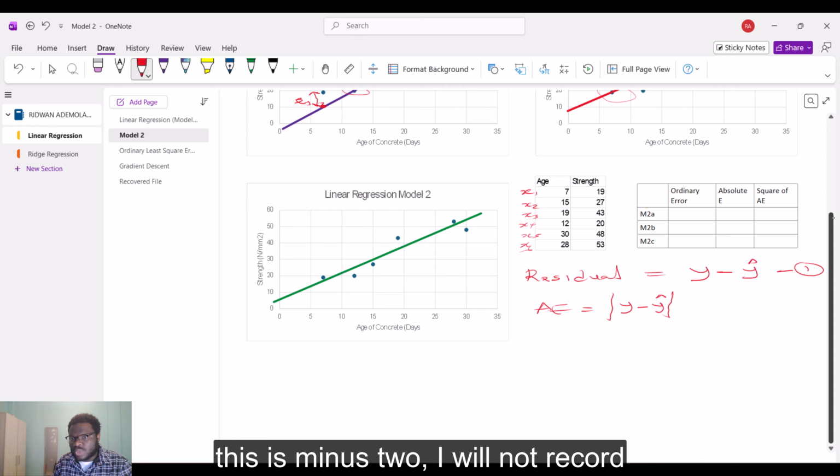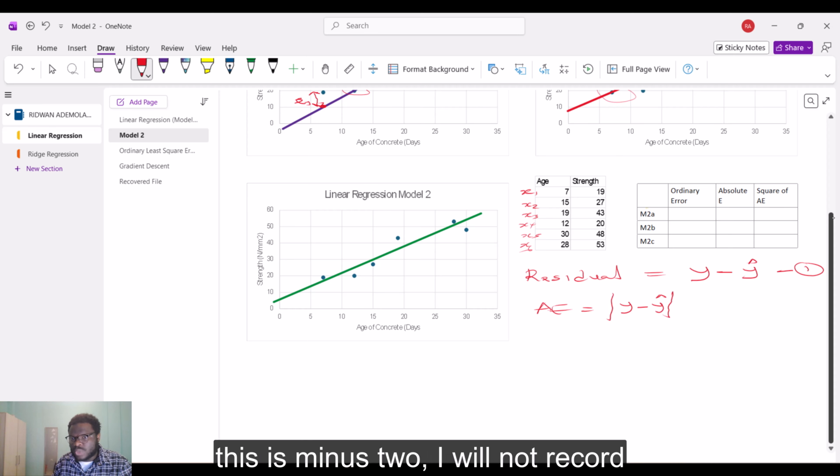There is no error here. There's no error here. This, again, is a positive error. So let's say the difference between here and here is +2. The difference between here and here is +2 again. And then the difference between here and here is -2. So at the end of the day, when you do the summation of all of this error, you will have +2, +2, -2. Then at the end of the day, your error will simply be 2.